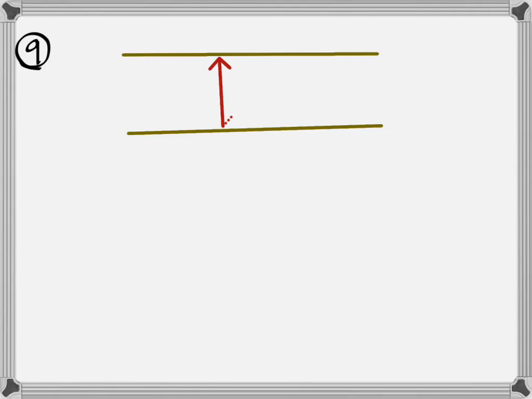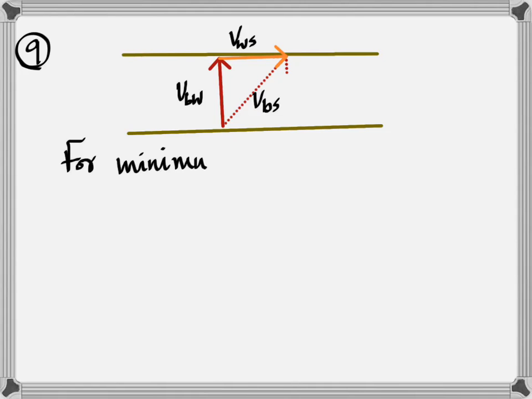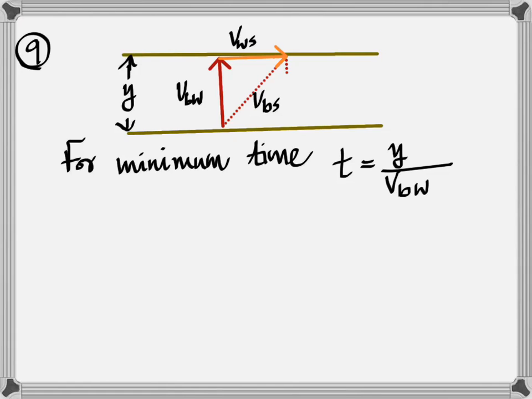In question 9, for the minimum time, the boat has to move at right angles, or begin moving at right angles rather.